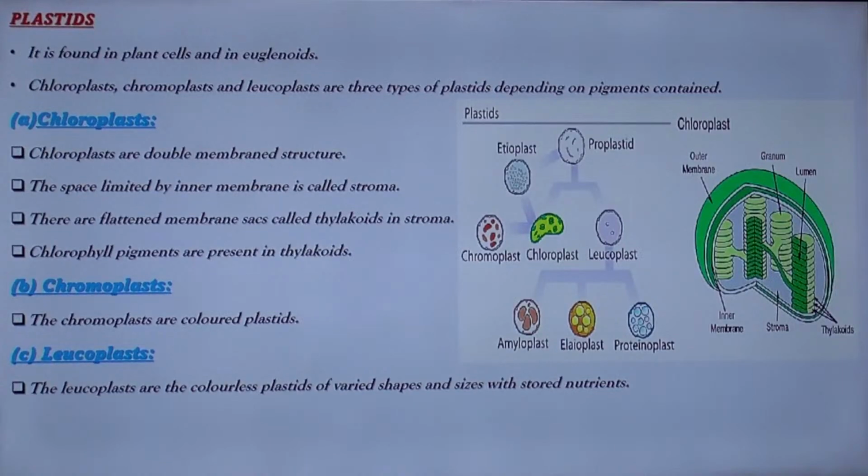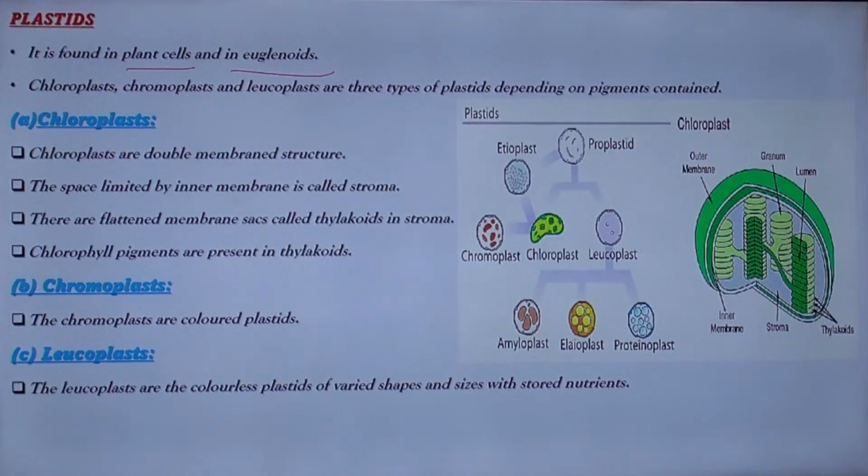Movement by flagella, that is euglenoids. So it is found in plant cells and in euglenoids, and it has 3 types. It has some pigments and so on. In this picture you see plastids. Plastids have chloroplast, chromoplast, leucoplast. So 3 types of plastids are there.